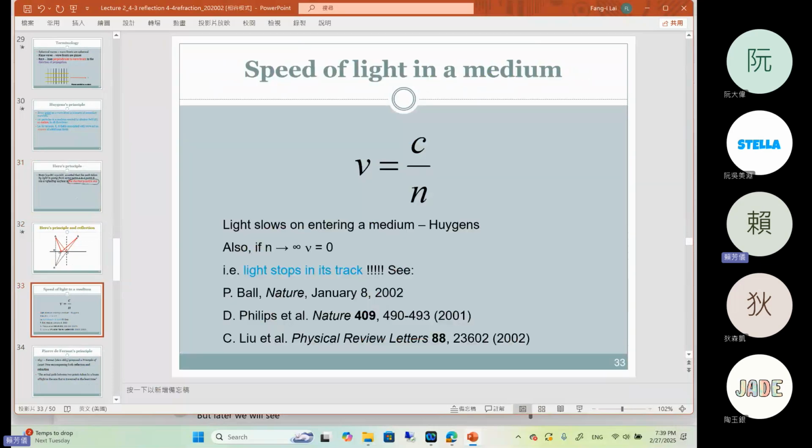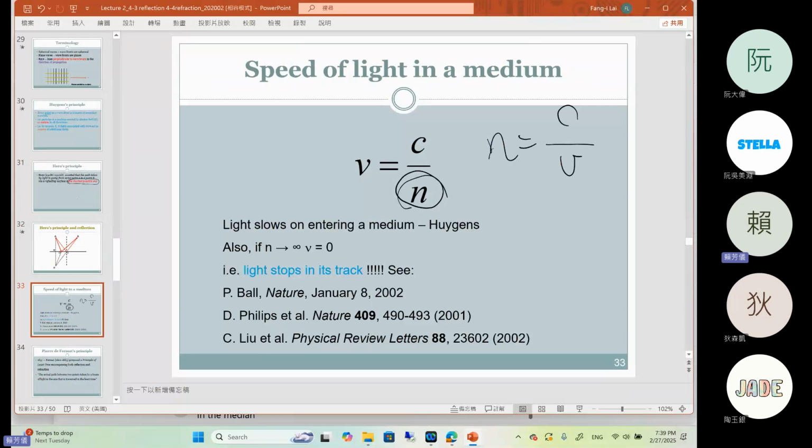Okay, and also we know that the speed changes when light travels in different materials, different mediums. So we make a concept of the refractive index. The refractive index is defined as c divided by v, where v is the speed when light travels in the medium.